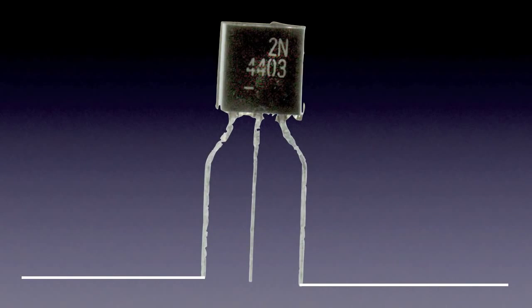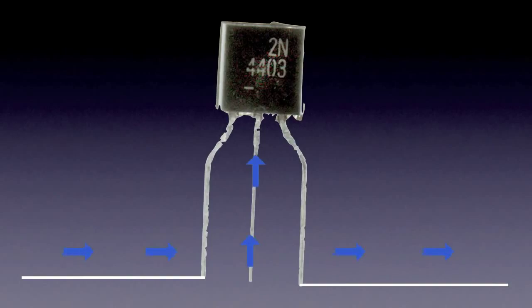Inside a modern laptop computer, there are billions of switches. These switches are called transistors. Unlike the light switch, they are operated not by your hand, but by electricity. This transistor is off. No electricity can flow through it. By applying an electrical current, we can turn the transistor on.